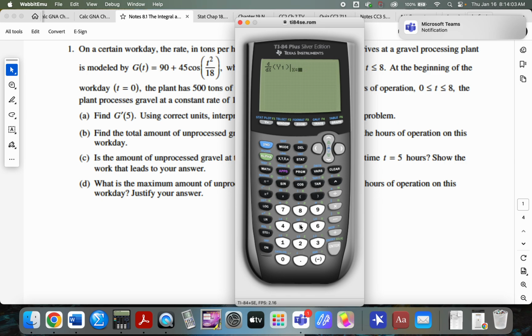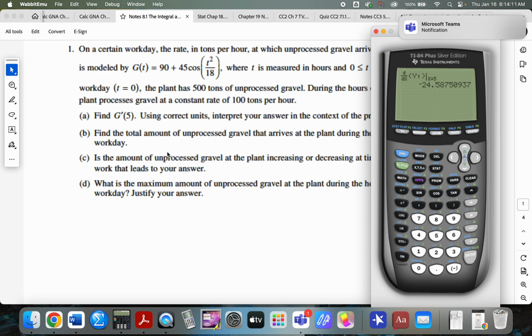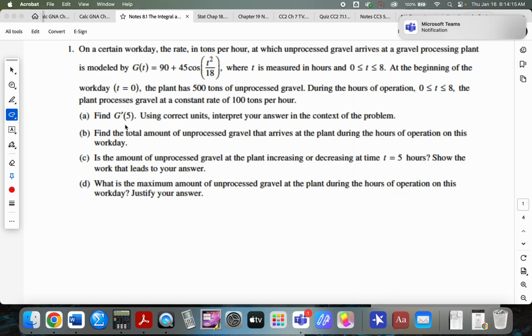And I want to evaluate it at 5. So that's negative 24.587.